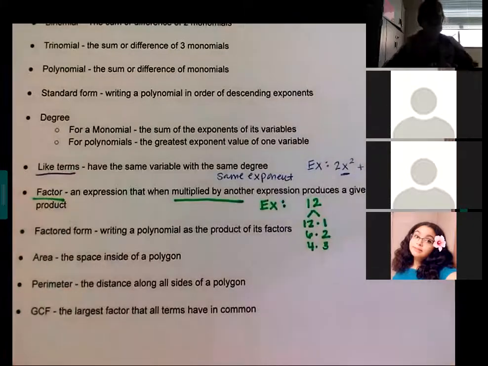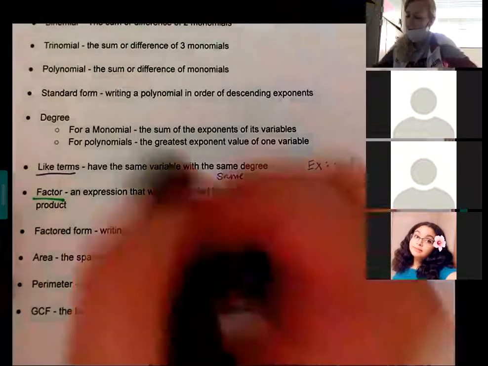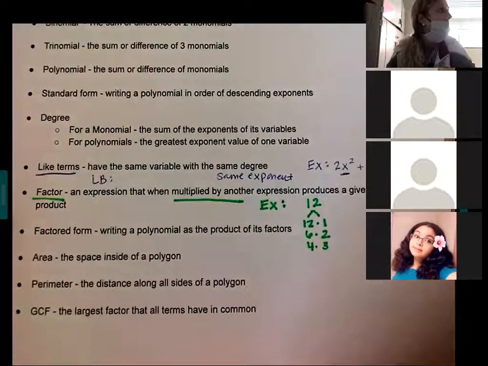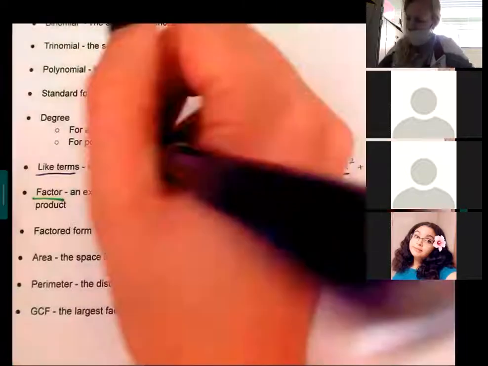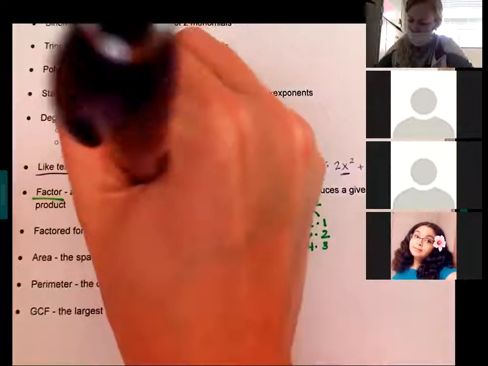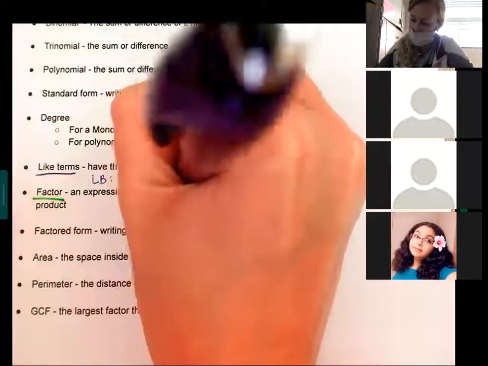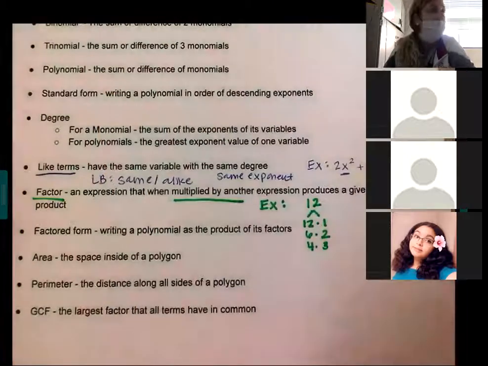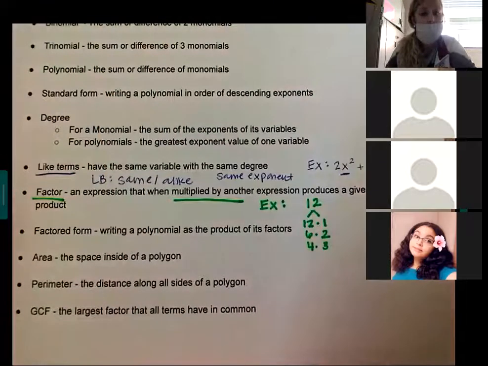I'm going to backtrack real quick because I forgot to do light bulb words. For like terms, what could a light bulb word be? Same. Boom. Period. Same. You could say alike. Anything along those lines. But I need some of y'all to remember your light bulb word is a synonym. It is a word.